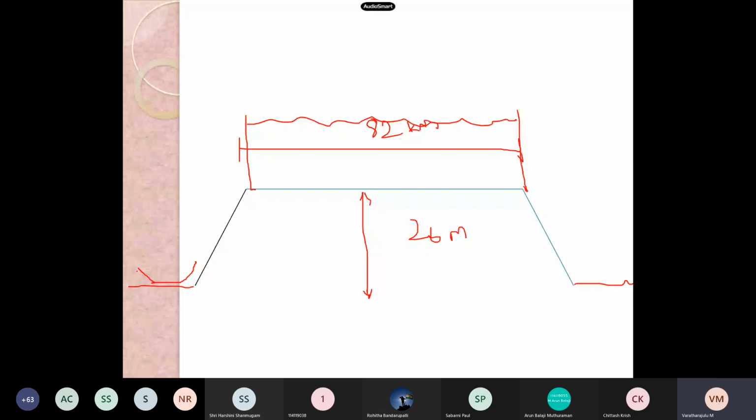This is what is happening in the Panama Canal. It is an artificial waterway of 82 kilometers, and the height above sea level is 26 meters. It is a man-made, intellectual design.